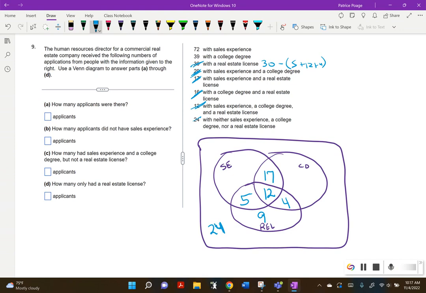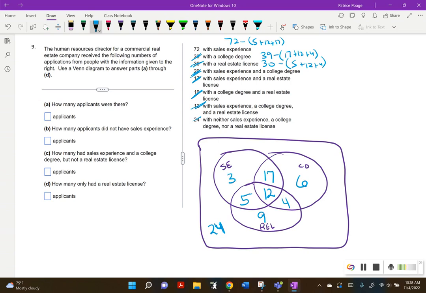39 with a college degree, which we can also do. So 39 minus all the numbers that are in the college degree one. That leaves you with 6. And then 72 had sales experience. So 72 minus the numbers that are in there.